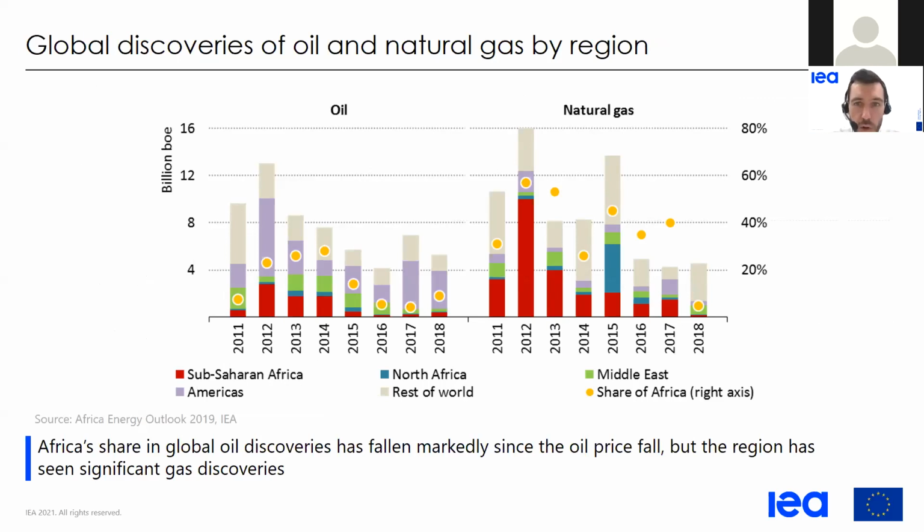In terms of natural gas, the levels of Africa's contribution to global discoveries of new resources are pretty high. If we draw the average between 2011 and 2018, Africa has accounted for 40% of all the new gas discoveries.